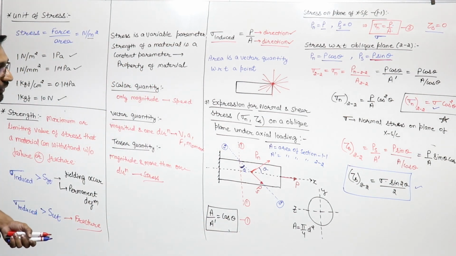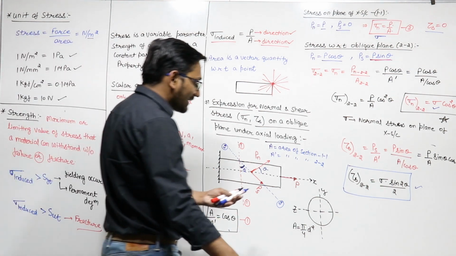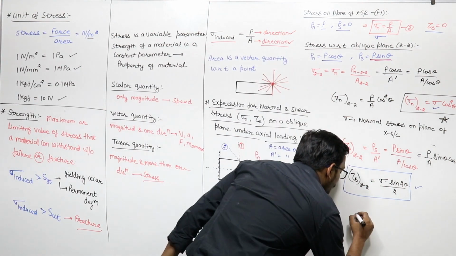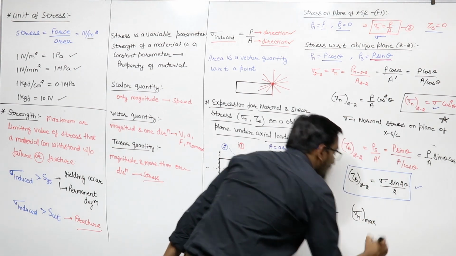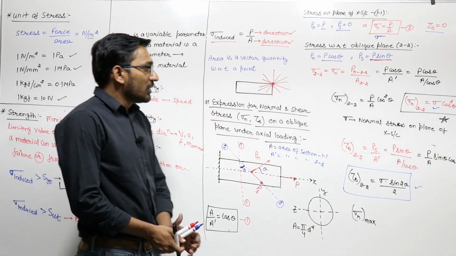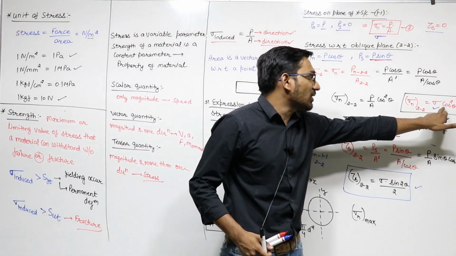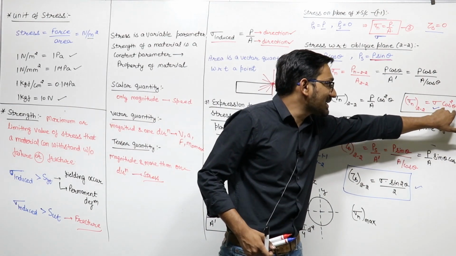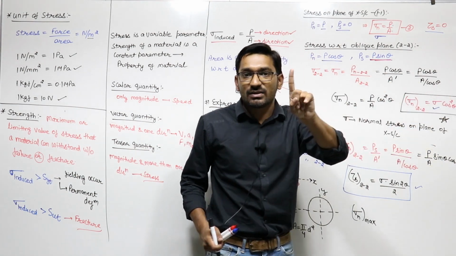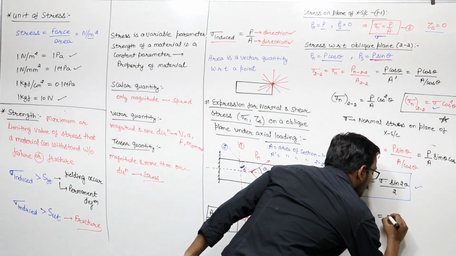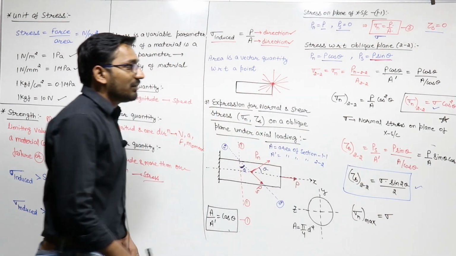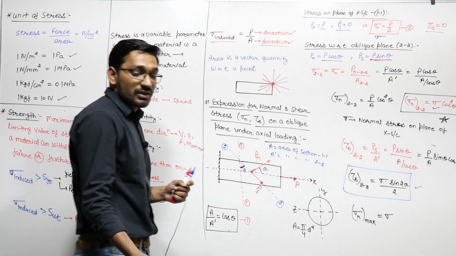Now if you want to find the maximum normal stress, the normal stress is sigma cos square theta. The maximum value of cos theta is 1. So I can say sigma n maximum will be equal to sigma when theta is 0.